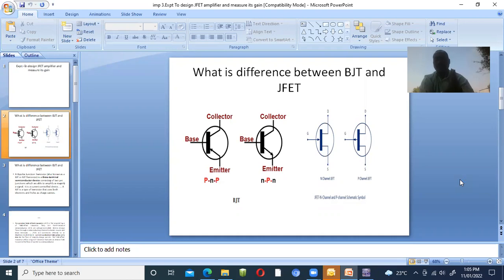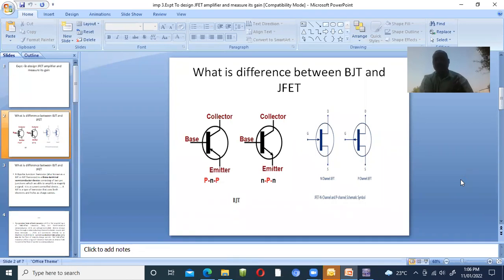One important thing with respect to NPN and PNP: in about 98% of applications in the world, the NPN type of transistor is used. The reason is that NPN has the largest number of electrons, and for current conduction we use electrons.